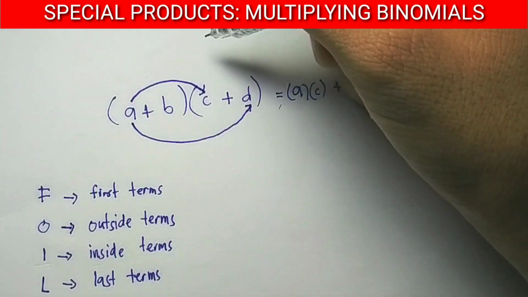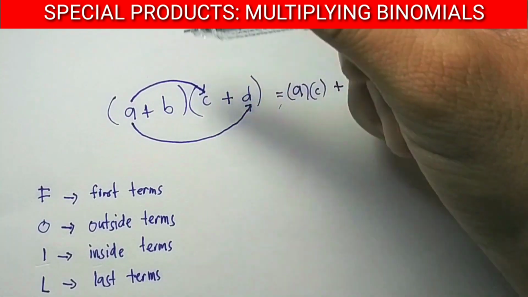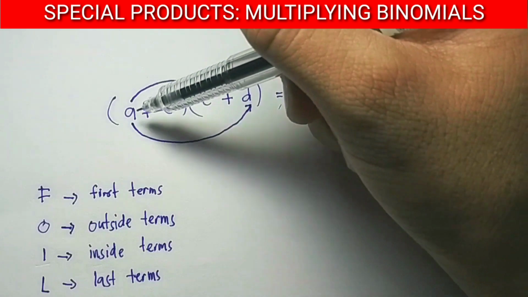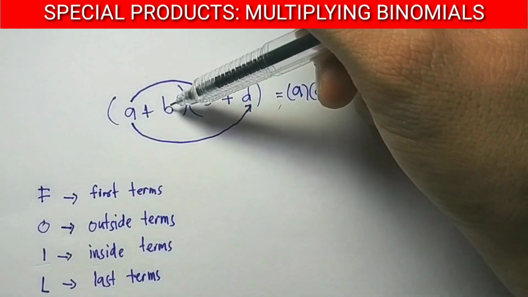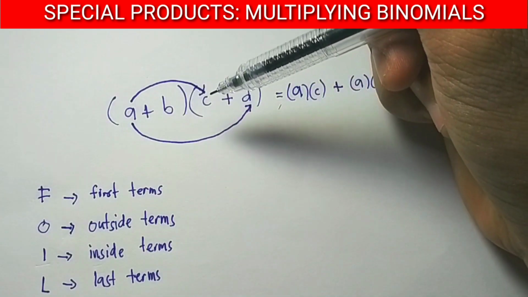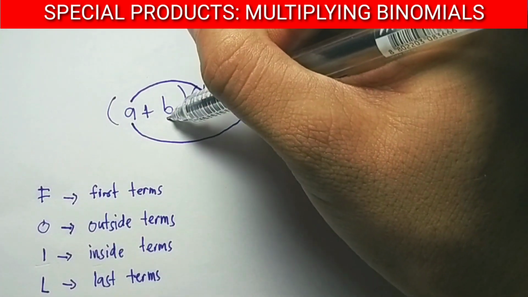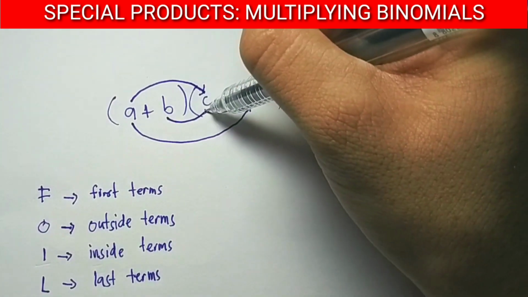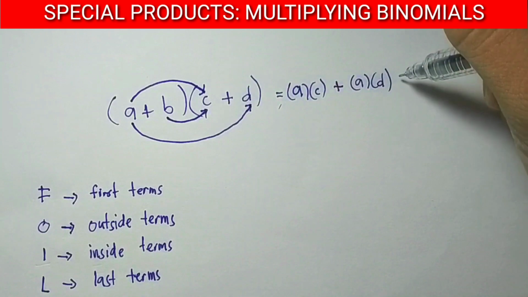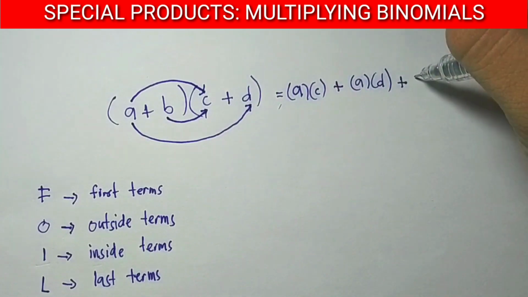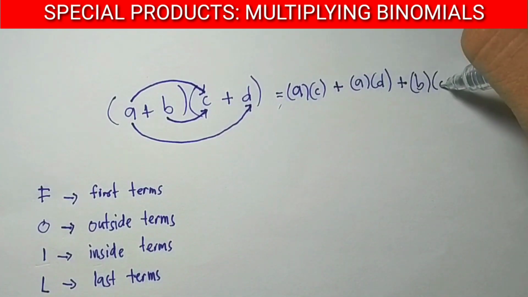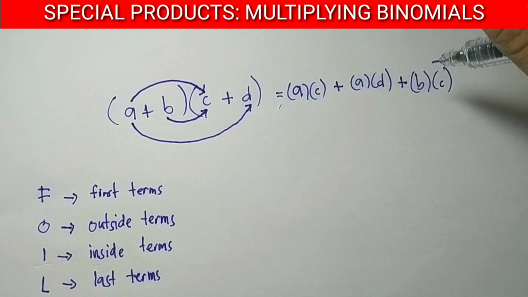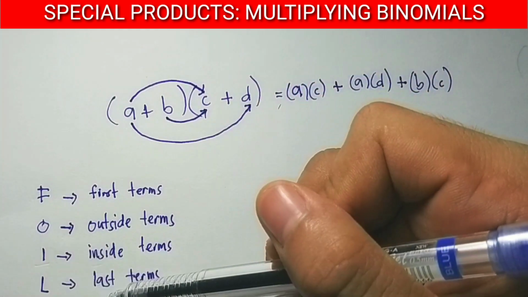Next is the inside terms. Kining naa sa mga sulod nga terms. Kung mao ni ang mga outside nga terms, kini maupod ni ang mga inside terms. So kana na pod atong i-multiply B and C. So positive gihapon ta. So B times C. Sunod, diri na dayon ta sa last terms.